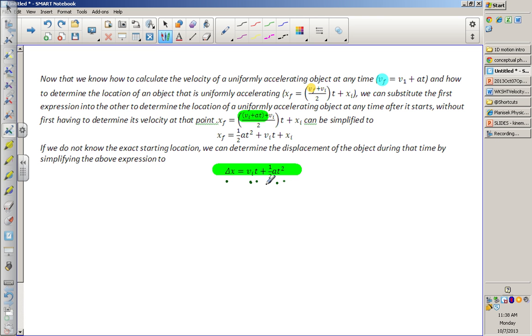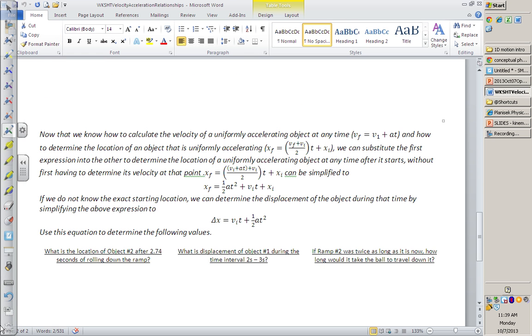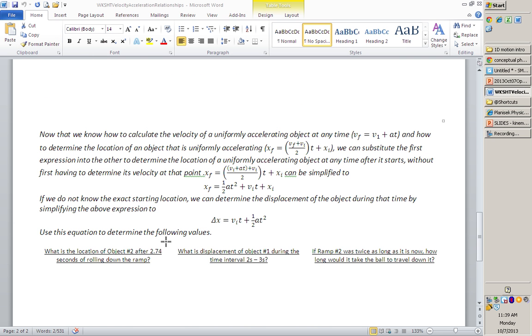So now you don't have to know how fast something is going at the bottom of the ramp. As long as you know how long it takes to get to the bottom of the ramp, we can figure out how long the ramp is. Okay? So with that, this one here only has one.